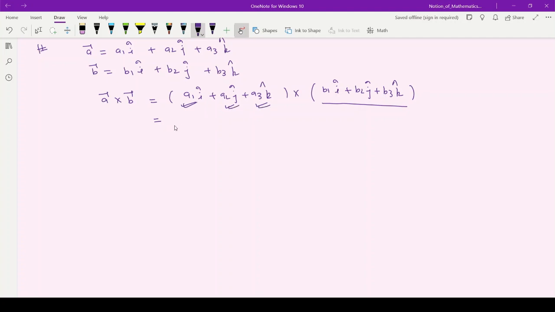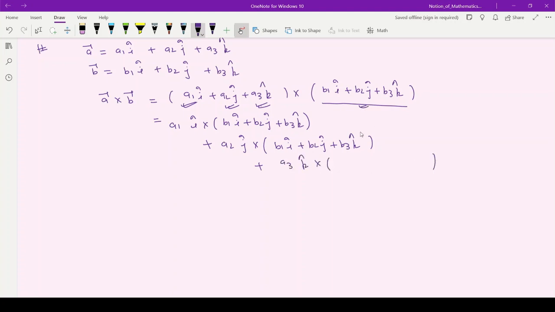What I mean to say is A1 I cross B1 I plus B2 J plus B3 K, plus A2 J cap cross B1 I plus B2 J plus B3 K, plus A3 K cap cross product with B1 I plus B2 J plus B3 K.